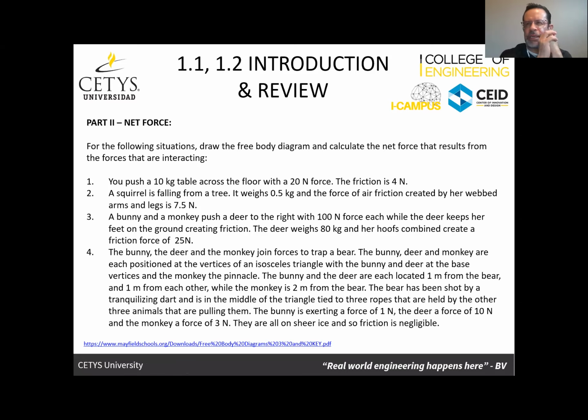Well, let's add some values and now let's do some calculations, okay? Now for these situations, what we want to do is not only create the free body diagram, but also do some calculations to find the net forces that are resulting from the interactions, okay? I'm going to do problem number 1, and we're going to look at problem number 4, and you're going to do the other ones, okay?